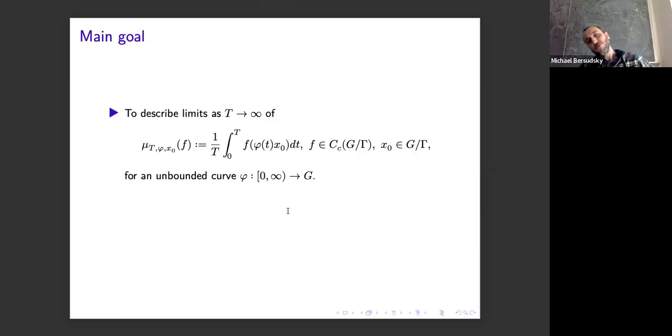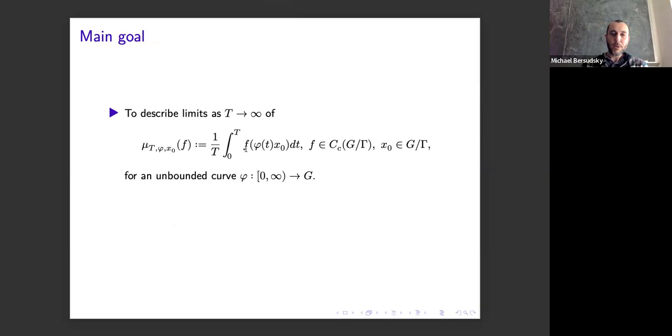So our main goal is to describe limits of averages along curves in G modulo gamma. What do I mean? You take some unbounded curve inside SL_n(R), like a matrix curve.